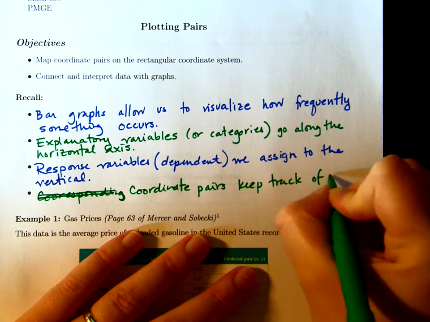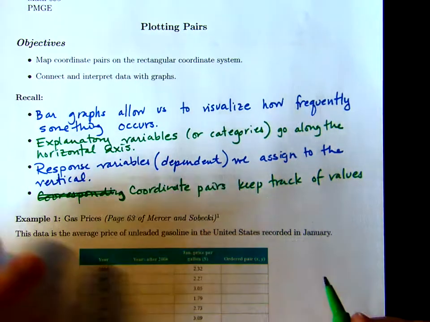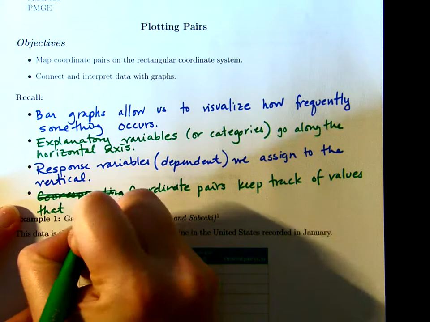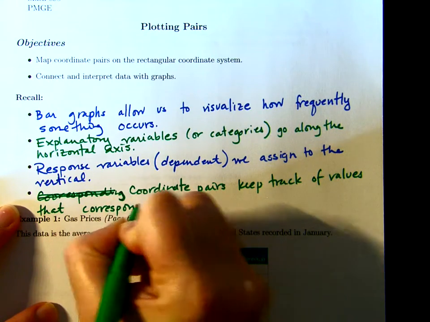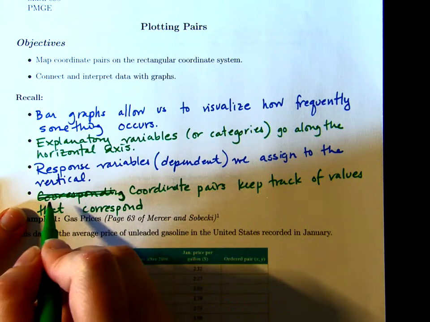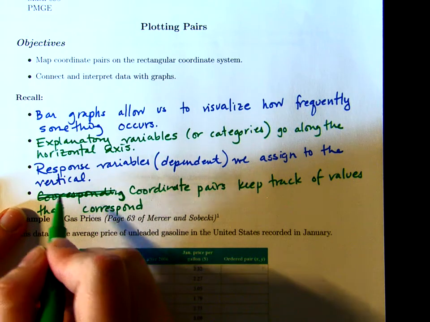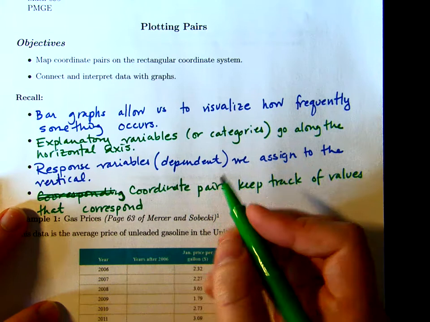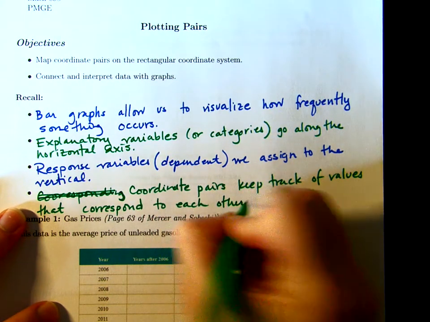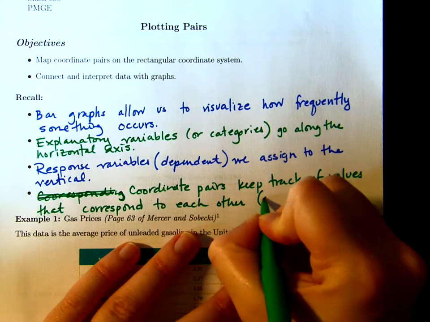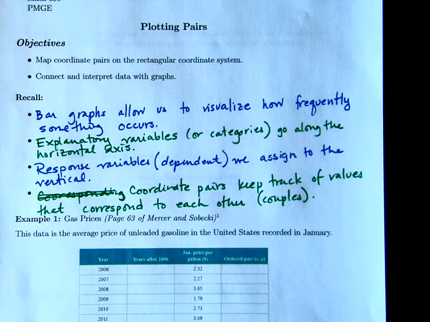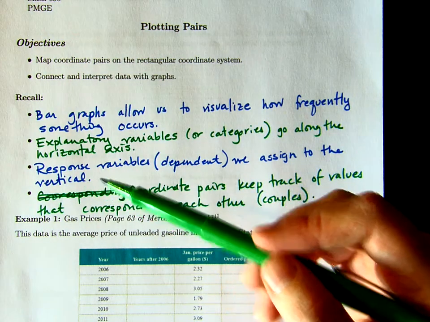It's like I started writing coordinate, and then my mind immediately went from coordinate to correspond. Coordinate pairs keep track of values that correspond to each other. And I like to think of these as coupling. A coupling of the explanatory with the response.